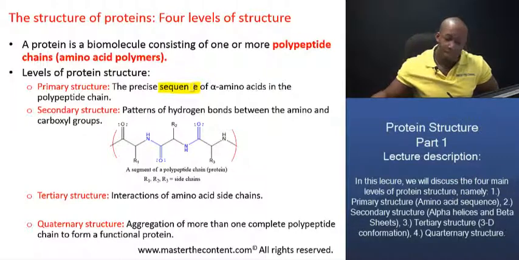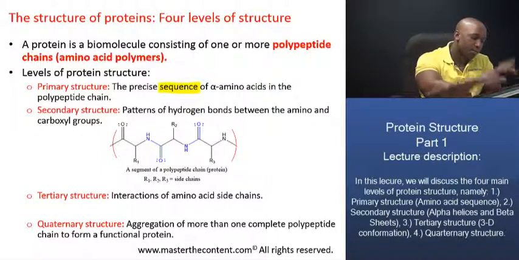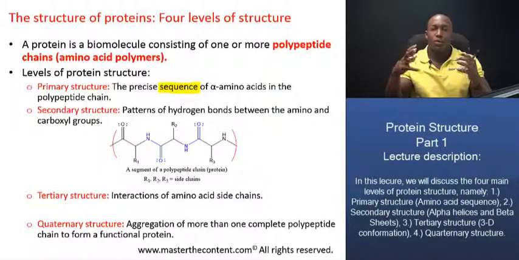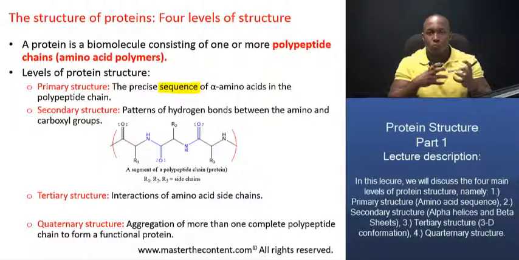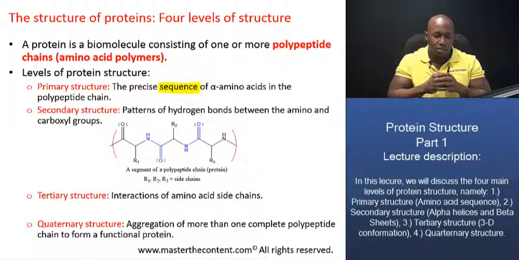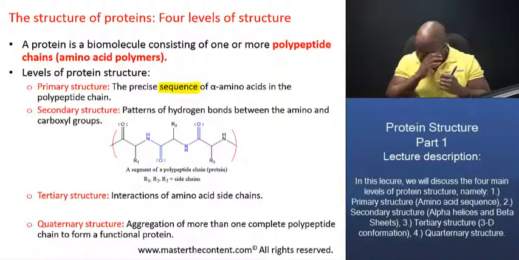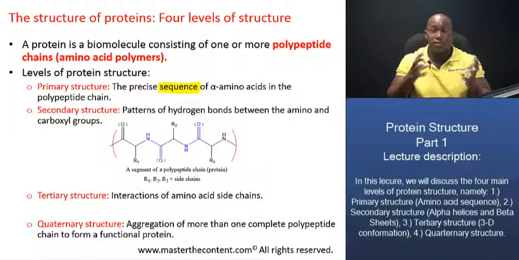Now, the tertiary level of organization, like I said, is basically what happens when the protein actually starts to fold or conform in a three-dimensional way. So the tertiary level of structure basically refers to the geometry of a protein, and it's actually caused by interactions of the amino acid side chains.